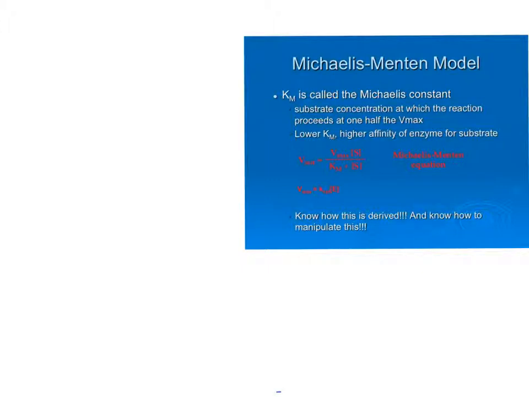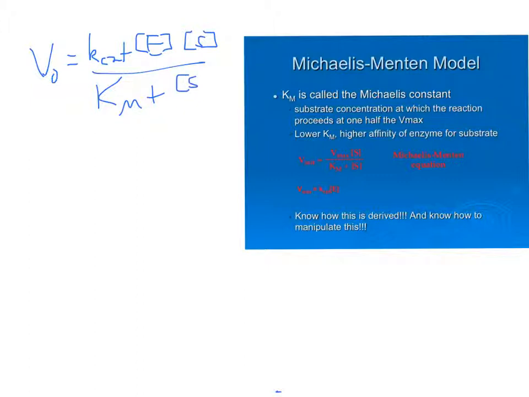So V naught is equal to Kcat times the total enzyme concentration times substrate over Km plus substrate. And we went over what happens whenever substrate gets really large or substrate is really small. So those were the two limits and what that looked like on that plot.